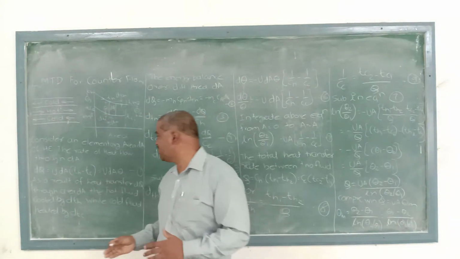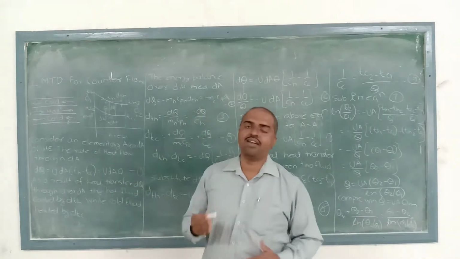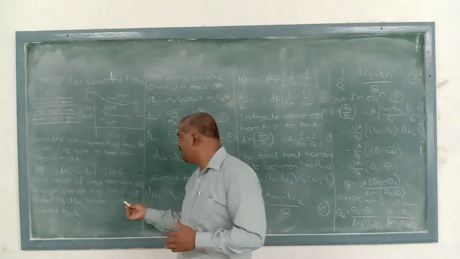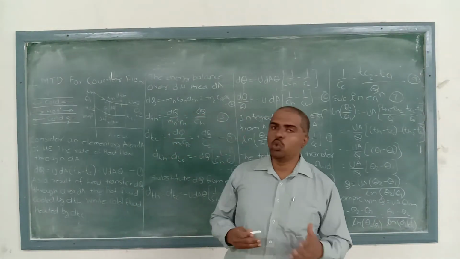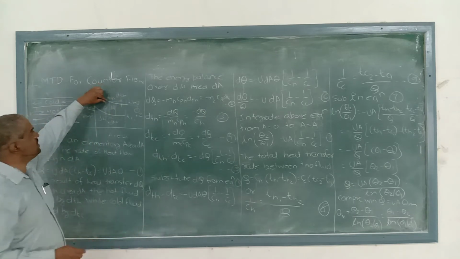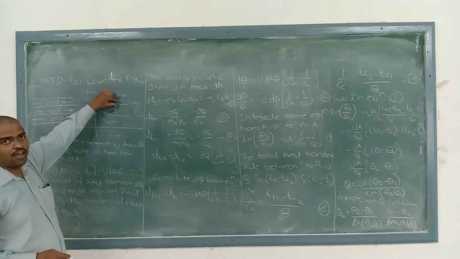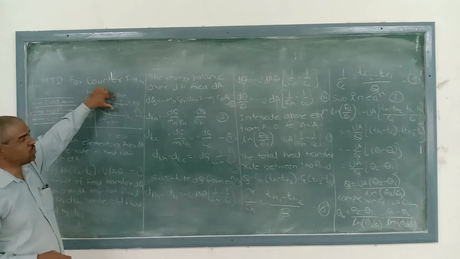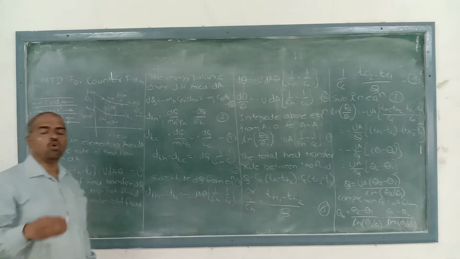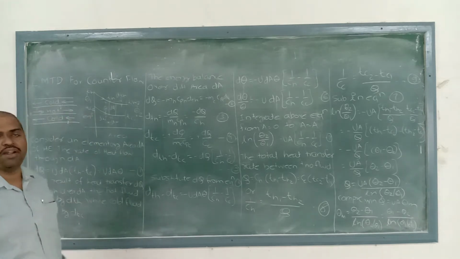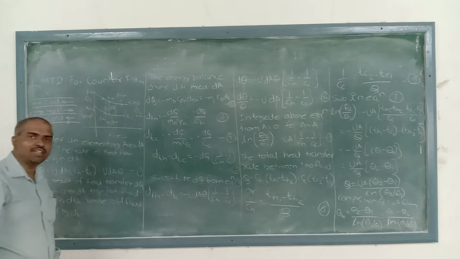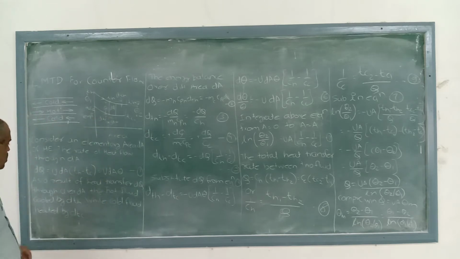During the heat transfer through the small elemental area dA, the hot fluid is cooled by dTH, which is shown here. This is the temperature reduction of the hot fluid, shown as dTH, and the cold fluid raises its temperature, and this temperature increase of the cold fluid is shown as dTC.